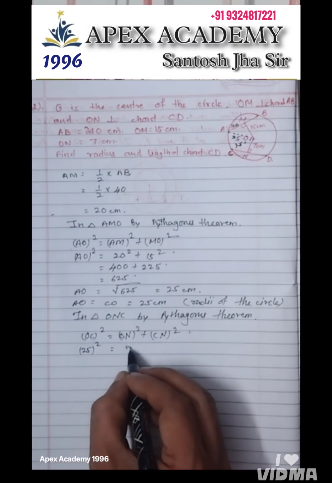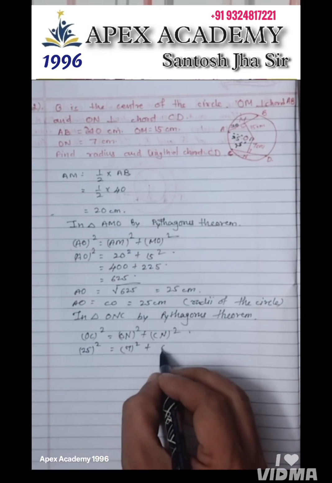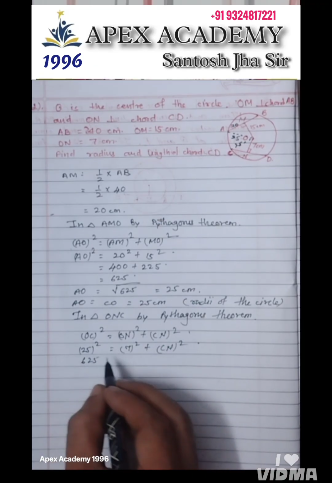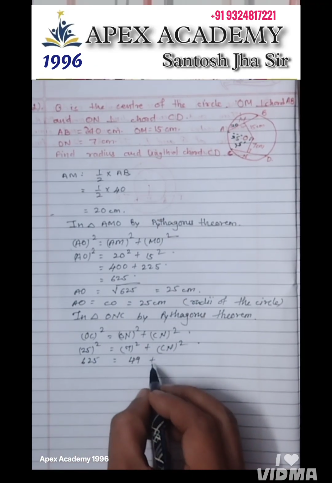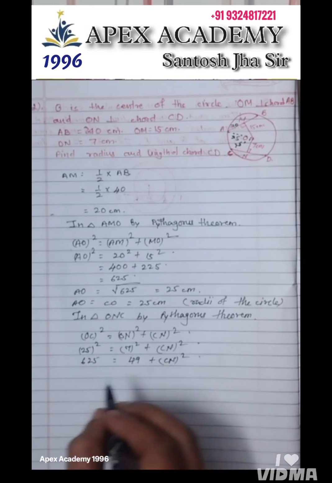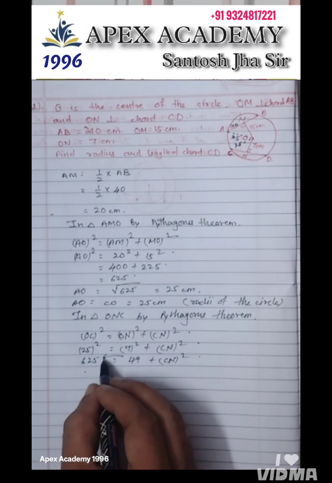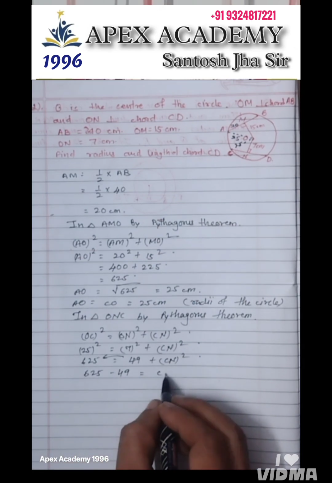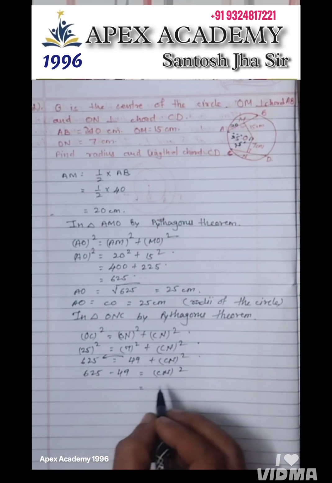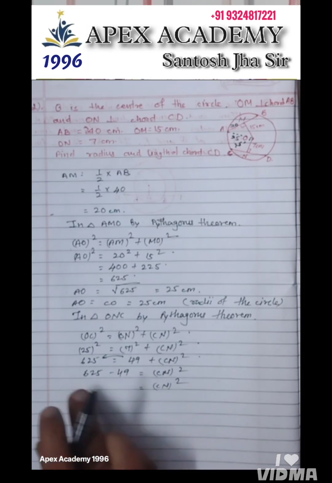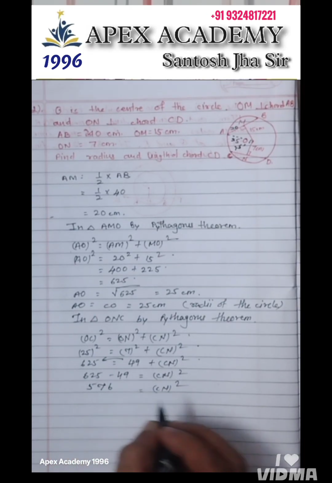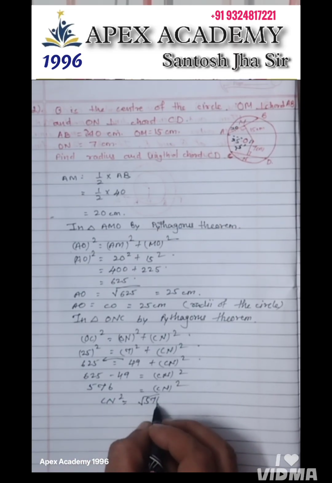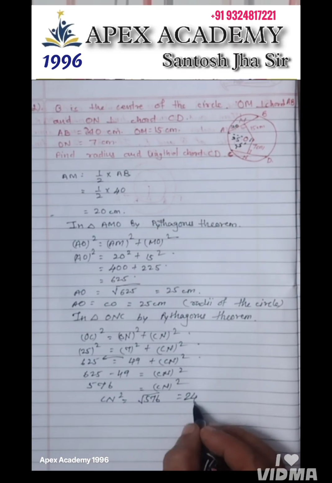ON is 7, it is given, and CN is unknown. So 25 square is 625, 7 square is 49, and CN square is unknown. Shift this 49 to this side, it becomes 625 minus 49, and that is CN square. So CN square is 576. CN is square root of 576, 24.